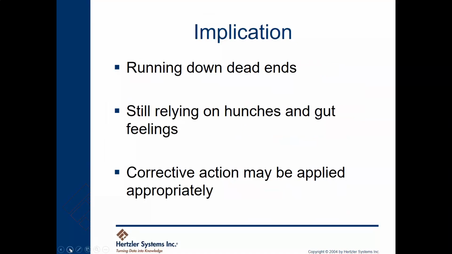And then we have places where corrections may be applied inappropriately. So we go down that wrong path, we go down some hunches, but then we fix something that really isn't the root of the problem. So that can become part of a challenge.